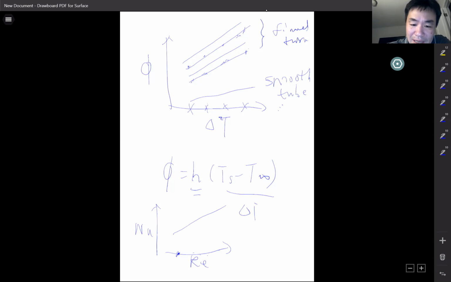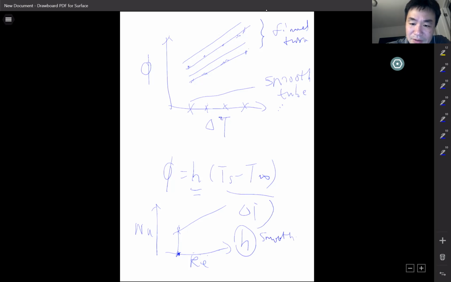If you calculate that Reynolds number, then you should be able to get a Nusselt number for this Reynolds number. Nusselt number is just dimensionless heat transfer coefficient. So you can calculate H for the smooth tube based on last time's correlation or result.